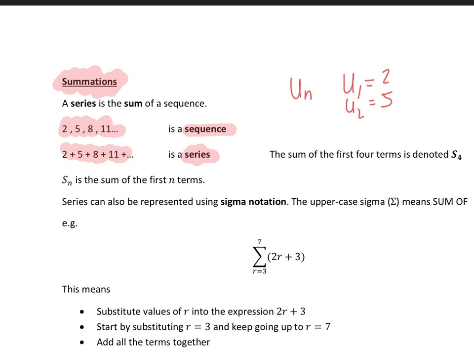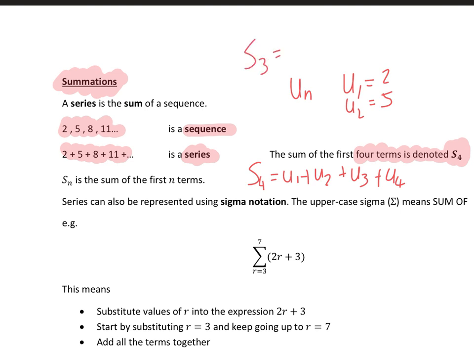Now, the notation we use for a series is Sn. So, for example, if I was adding together the first 4 terms, that would be S4. So S4 would equal U1, add U2, add U3, add U4. So in this case, it will be 2, add 5, add 8, add 11.